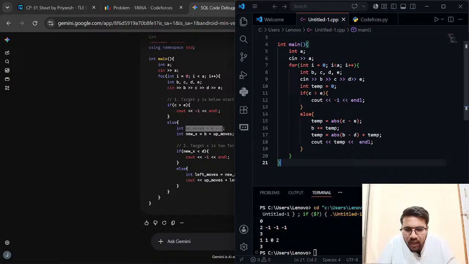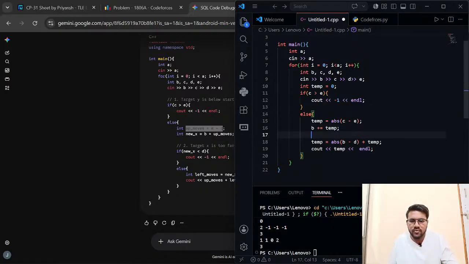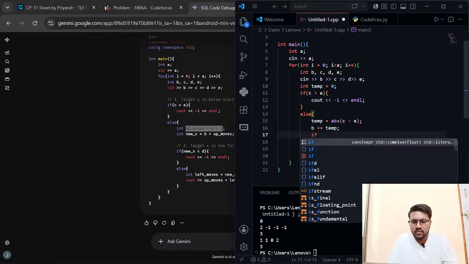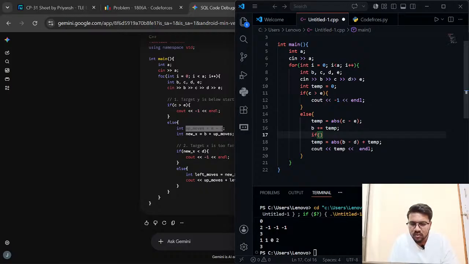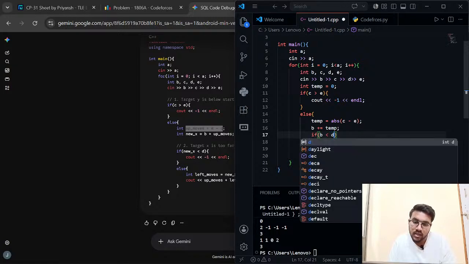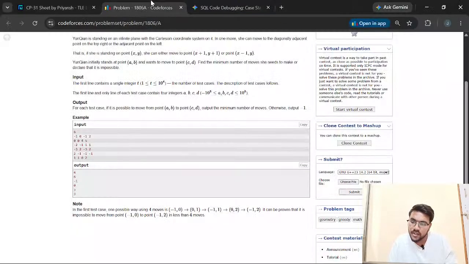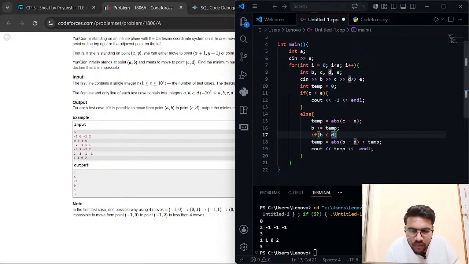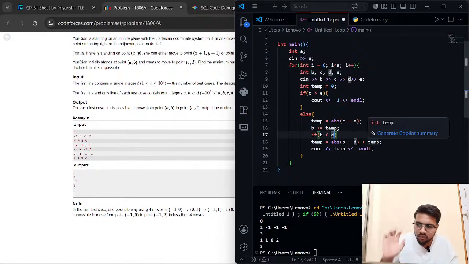Now we have to add another condition here. If b is less than d. Now b becomes new, taking this 4, taking 0 plus 5 becomes 5.